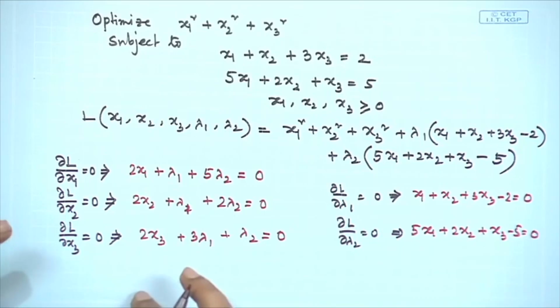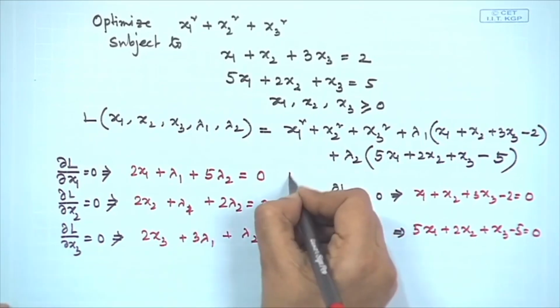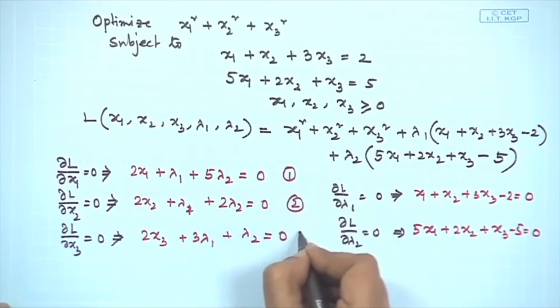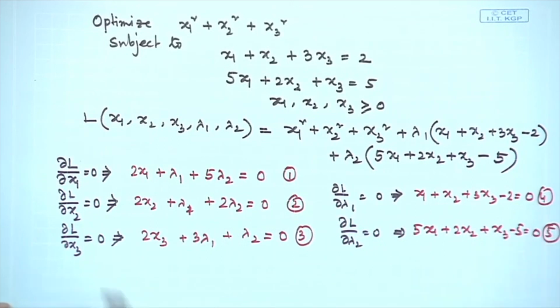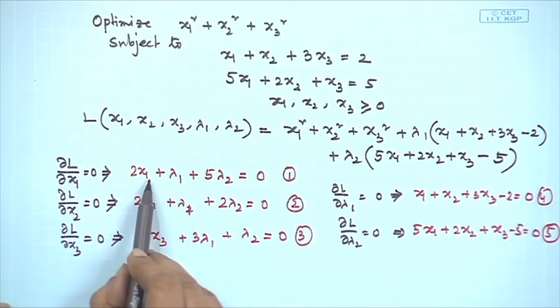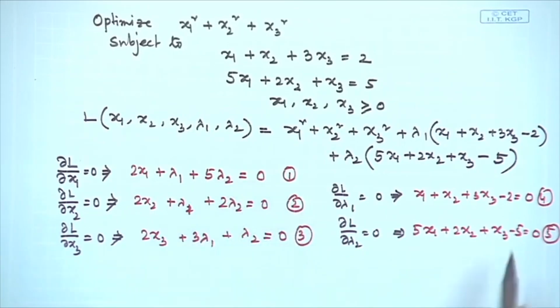Now, how can we solve it? Let me number the equations 1, 2, 3, 4, 5. If we substitute 1, 2 and 3 into 4 and 5, then it will become 2 equations with 2 unknowns.